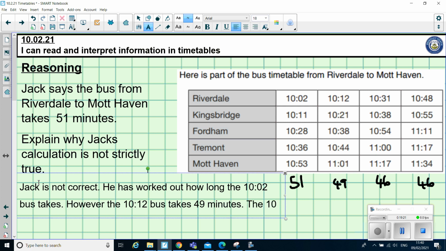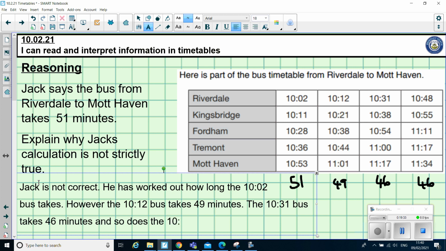The 10:31 bus takes 46 minutes, and so does the 10:48 bus. Therefore, Jack is not correct.